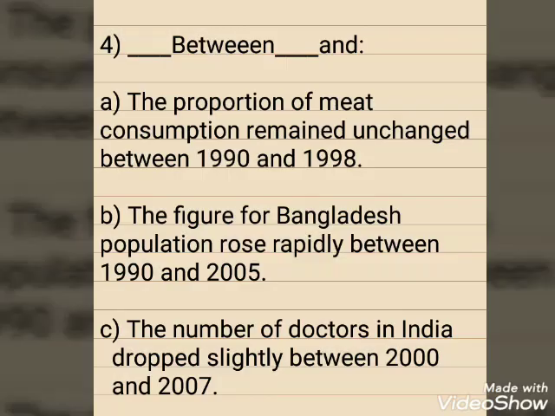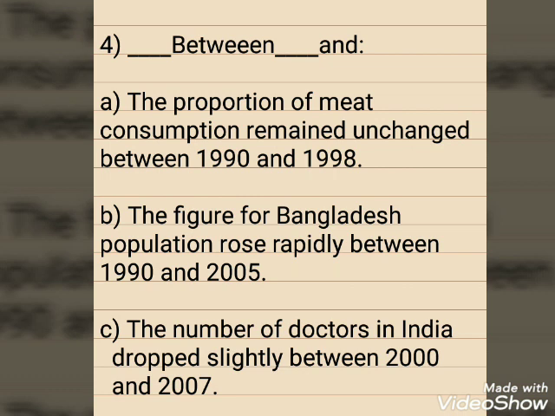Next structure, dash between dash and dash. Use of between and and. So the structure would be like this. The proportion of meat consumption remained unchanged between 1990 and 1998.